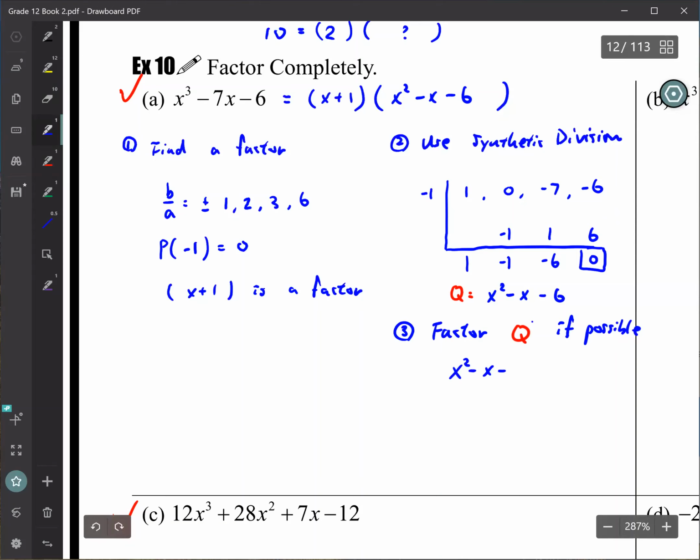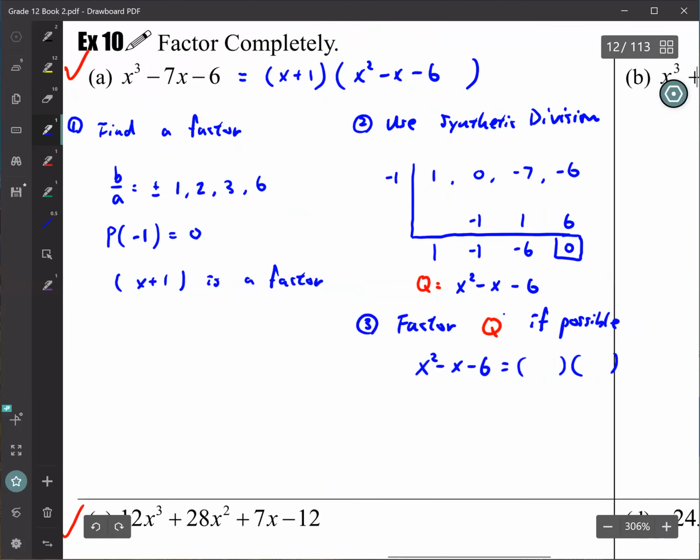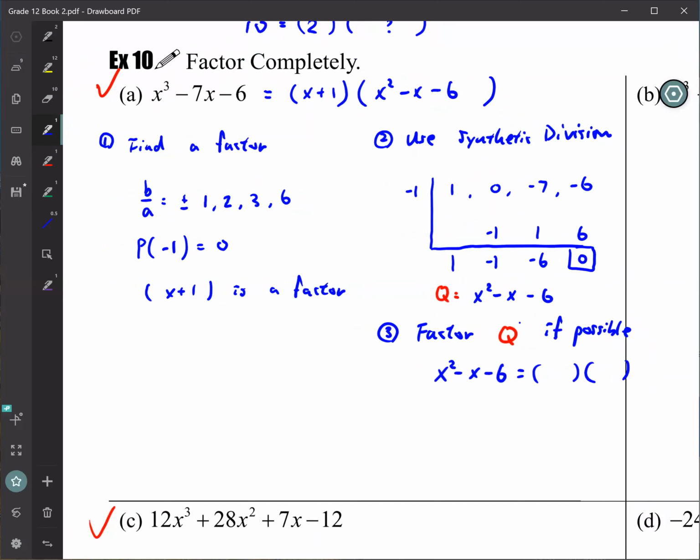Can we further factor this into 2 brackets? So try it, okay? Let me know. Please raise your hand if you are able to factor the quotient. Okay, please raise your hand if you found the 2 factors.